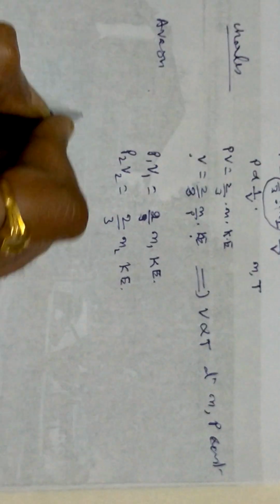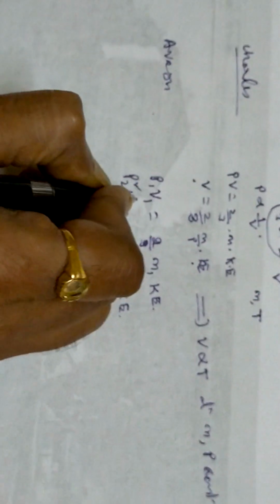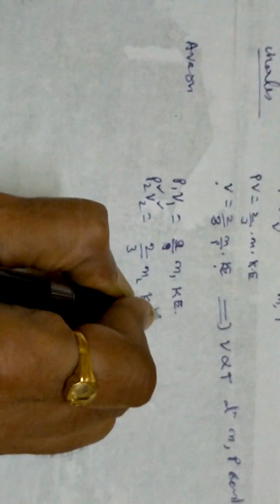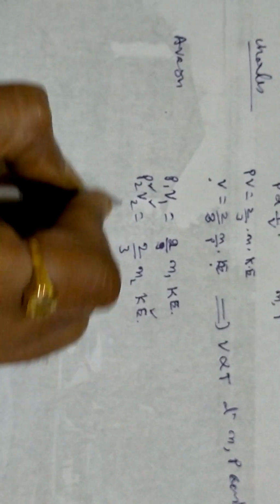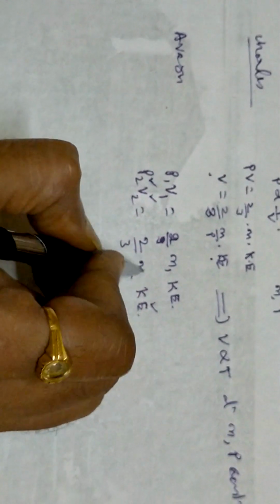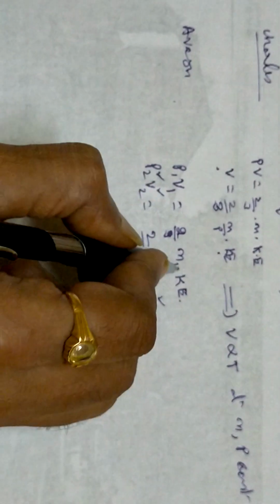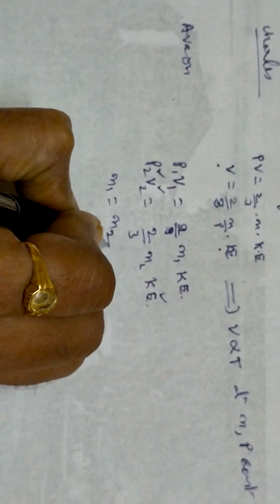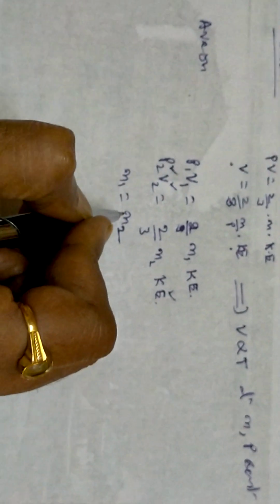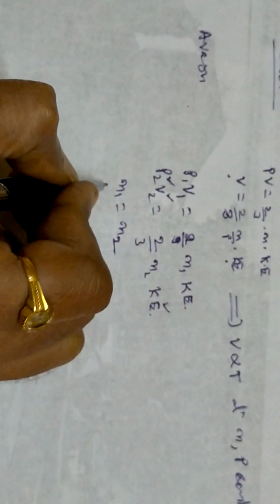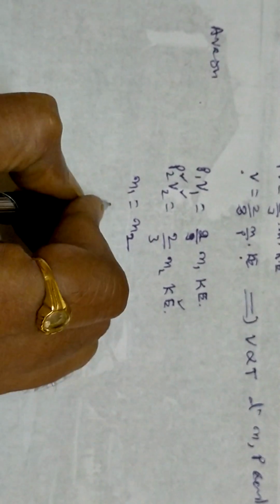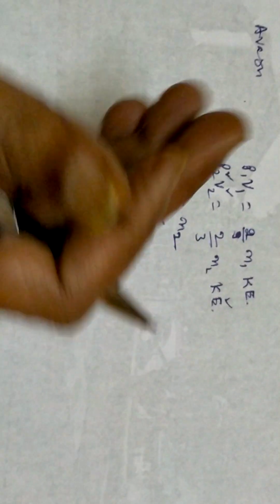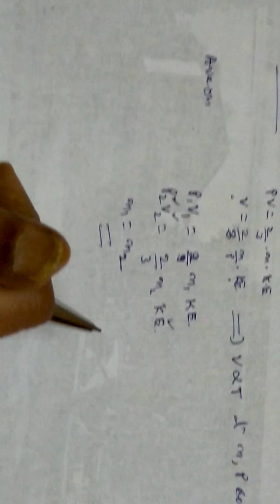In Avogadro's law, at constant pressure, volume and temperature, n1 equals n2. When the two gases have the same volume, the number of molecules is the same. So our kinetic theory of molecules is nothing but the combination of all three laws, only a rechecking once again.